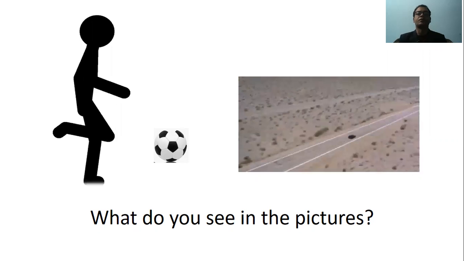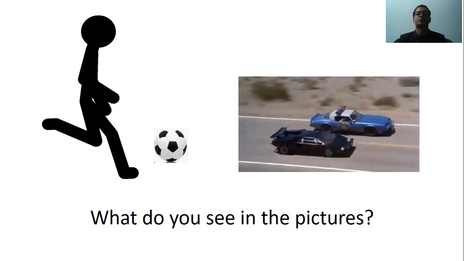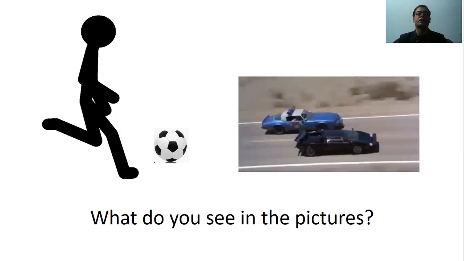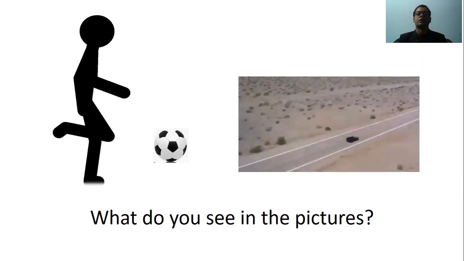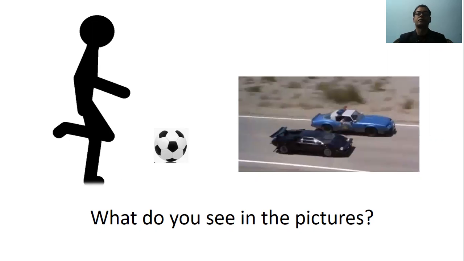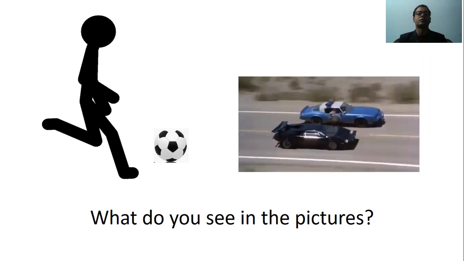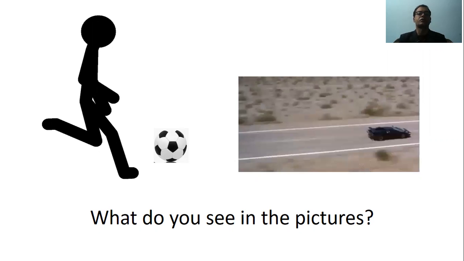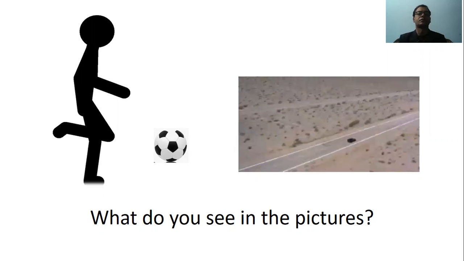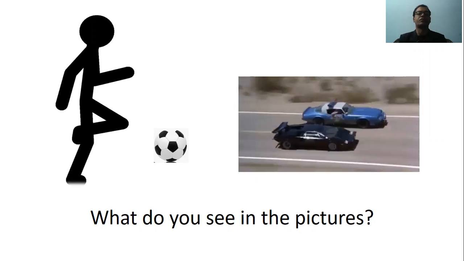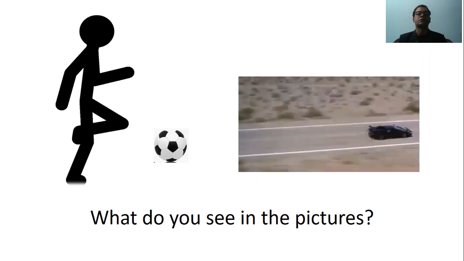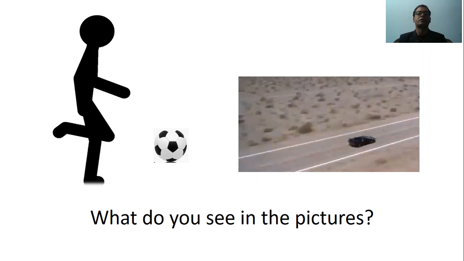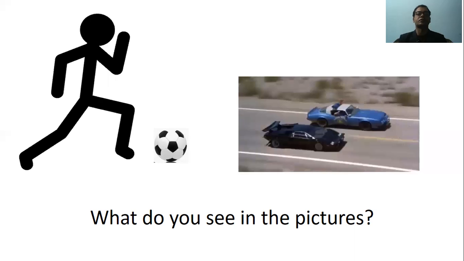What do you see in the picture, dear learners? Yes, dear learners, two cars are running, and in another picture we see a cartoon playing football. We know that this is a continuous action.